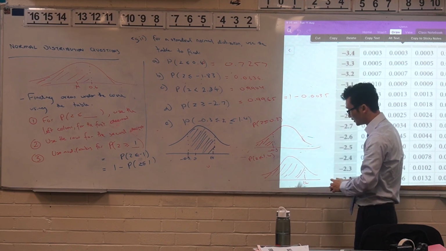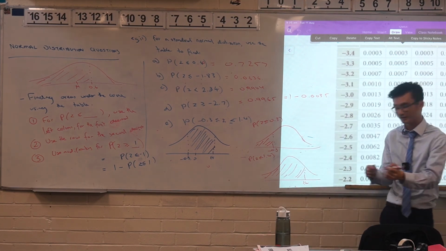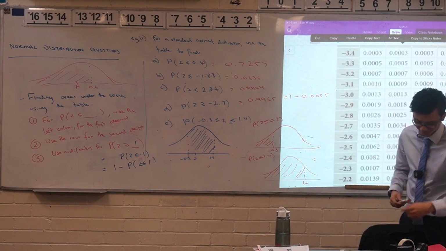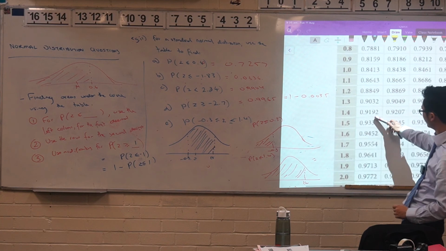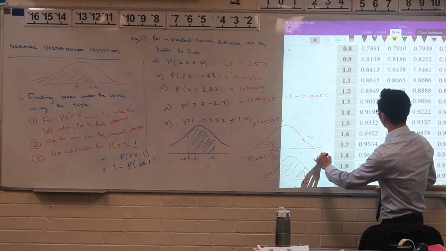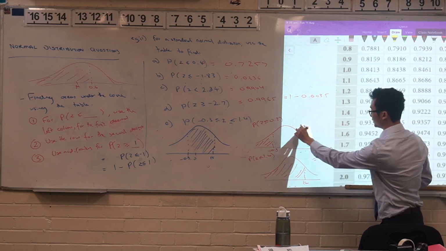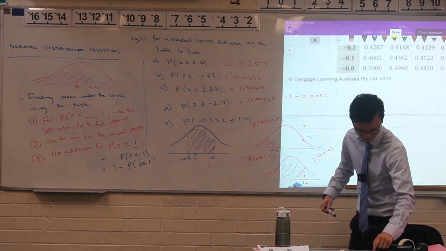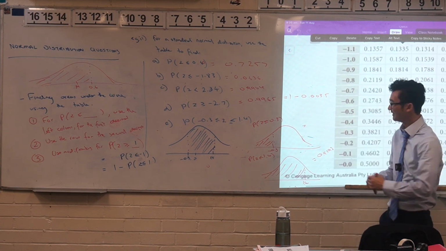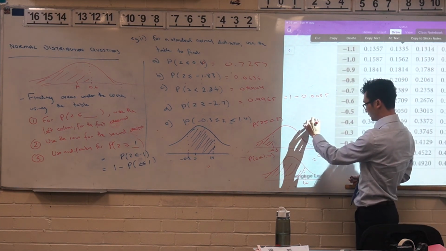Do you have those areas for me, Lauren? What did you get? So 1.4 was 0.9192, and this one was negative 0.3, so that area there is 0.3821.